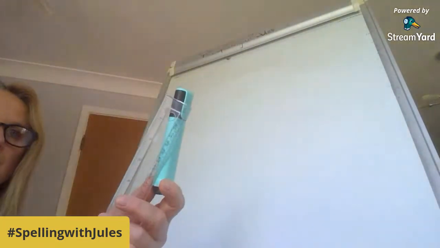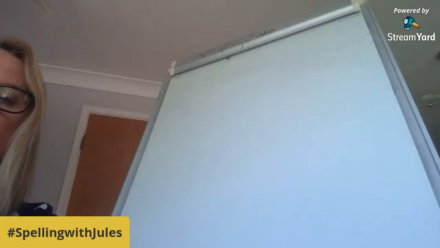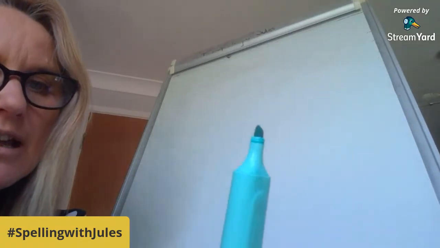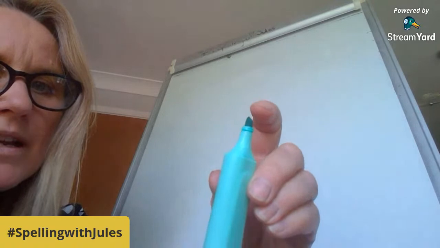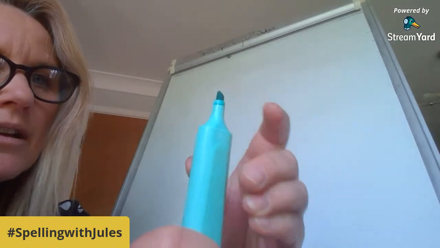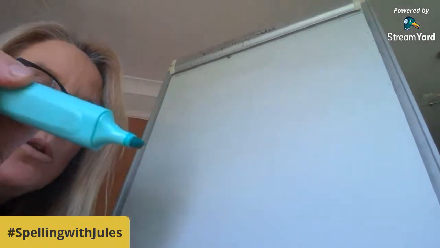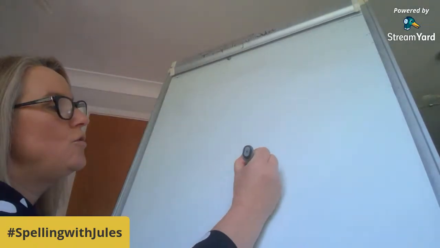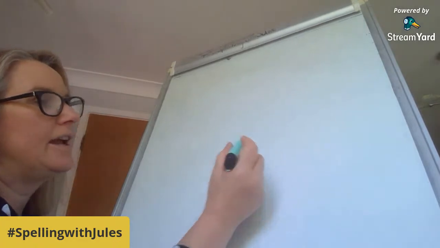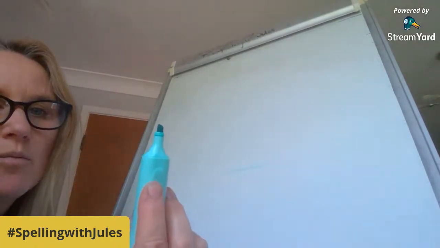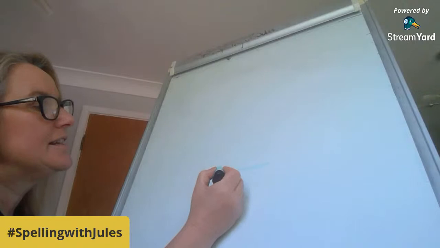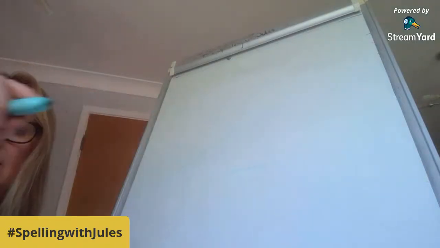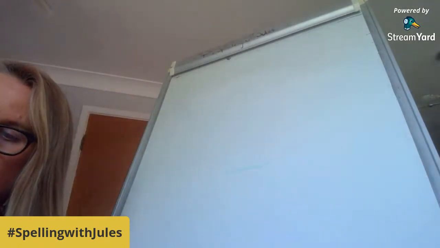And what you do on your highlighter, can you see there's a point, the wider point here? Okay, and on that wider point, you draw along your line. Okay, and that wider part of the highlighter is exactly the same height as half your line.